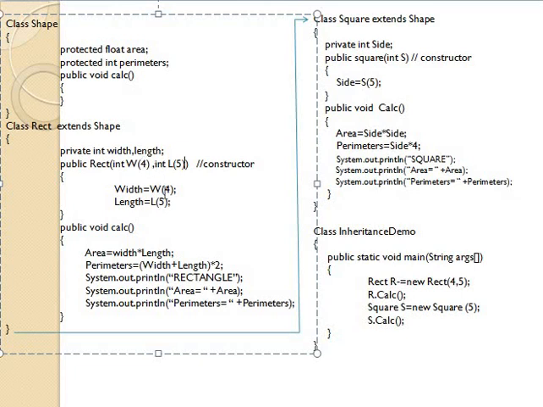So w gets the value 4 and l gets the value 5. So when width equals w, 4 will be assigned to width, and when length equals l, 5 will be assigned to length.